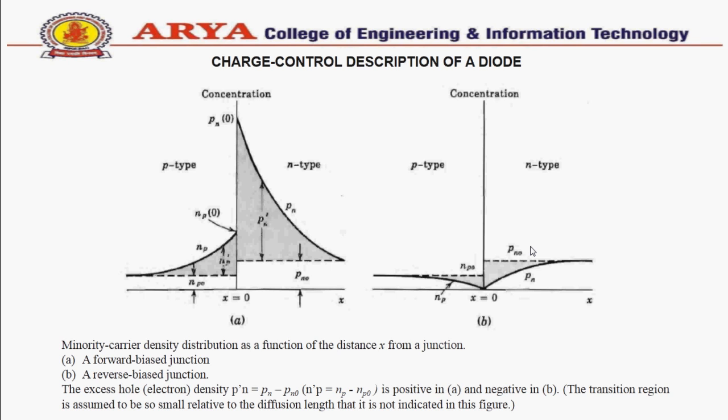The diode is forward biased if Q is positive and reverse biased if Q is negative. That is shown from these two figures.